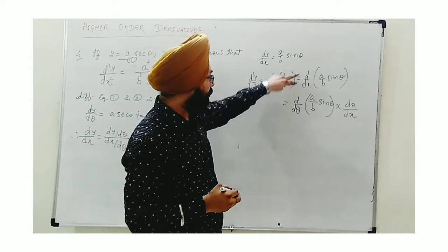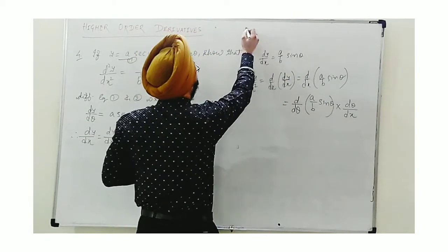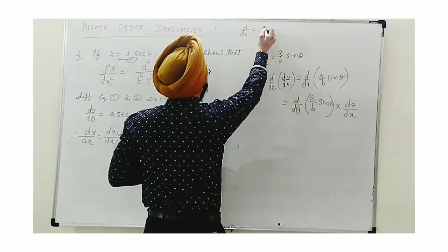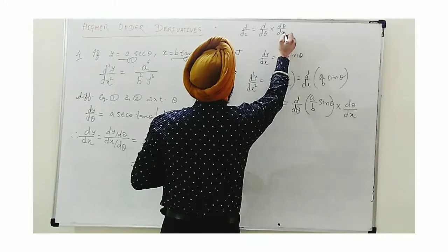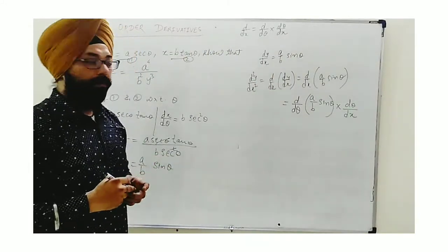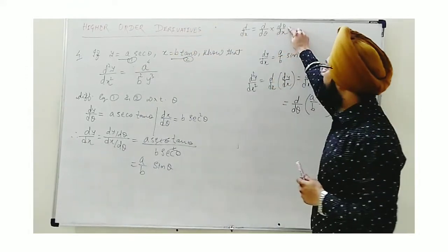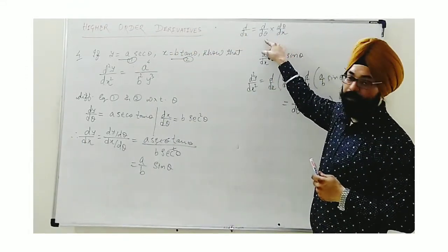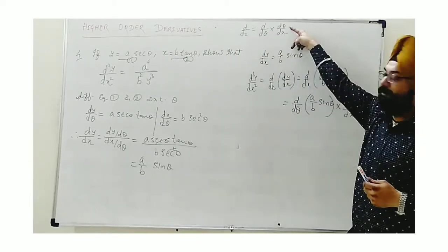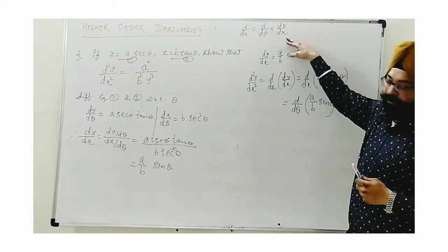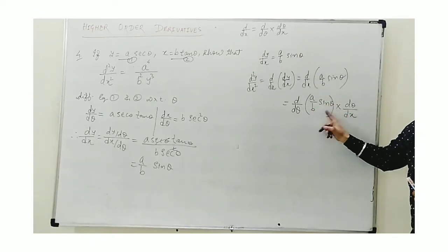Here what we have done, this d by dx, the differential coefficient, is split up in two parts in terms of parameter. You see, I have multiplied by d theta, numerator and denominator both. One d theta was taken as a denominator with d, and the other d theta in the numerator is taken with dx. So this way now differentiation of this term is possible.